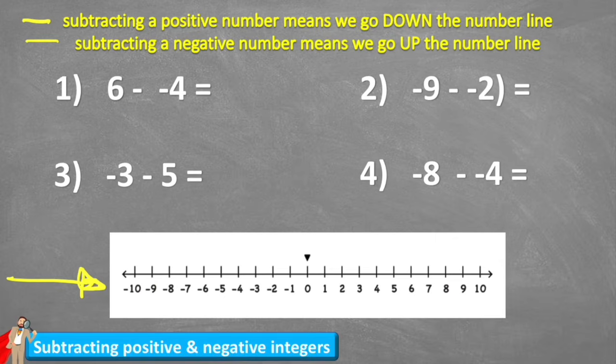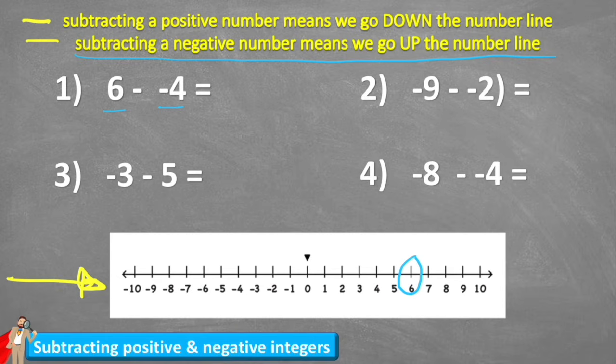Question 1 says 6 subtract a negative 4. So let's have a look at our number line then. We're starting at 6 down here and we are subtracting a negative 4. Now when we subtract a negative, as it says on this second rule, we have to go up the number line. But why? Well, think of it like this.